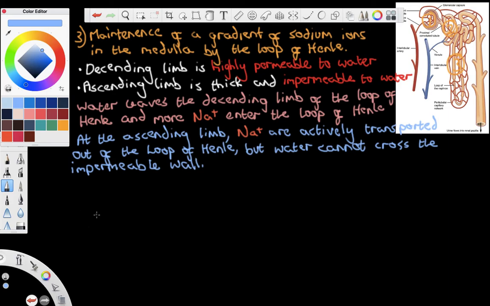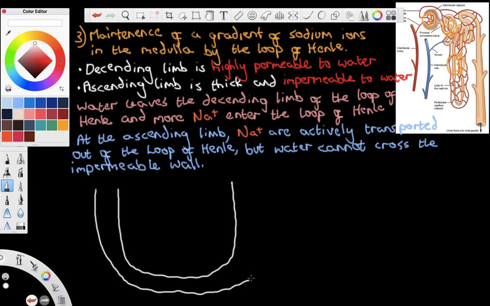So through this, if we've got a loop of Henle that looks like this, okay? So this is my amazing loop of Henle. As water moves down the descending limb, it is able to freely leave. Okay?